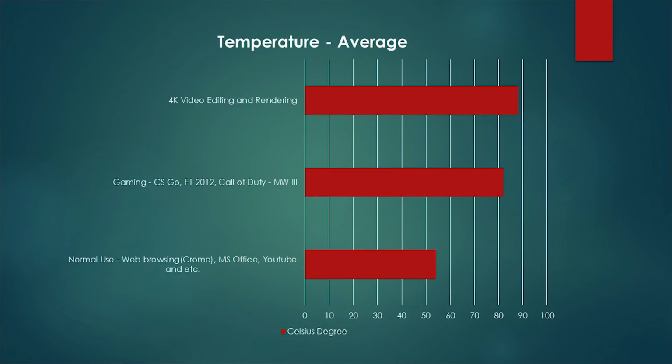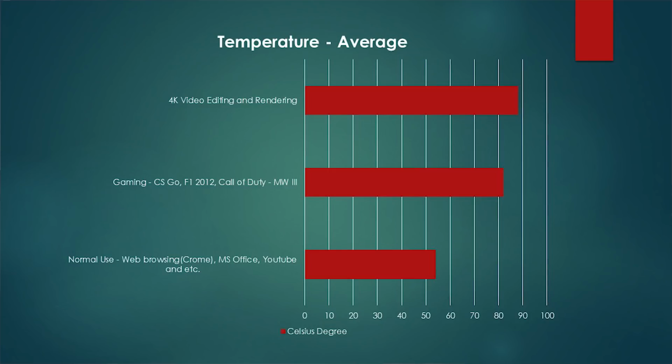And it averages around 55 degrees Celsius mostly. For gaming purposes, if you're playing games like CSGO, Call of Duty and F1 2012, I tried these games and recorded the temperature of the CPU. The temperature was anywhere between 70 to 85 degrees Celsius.